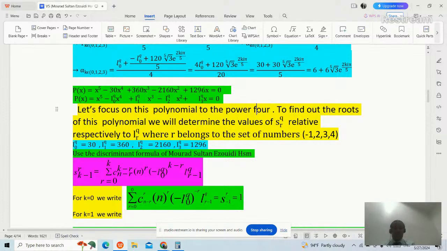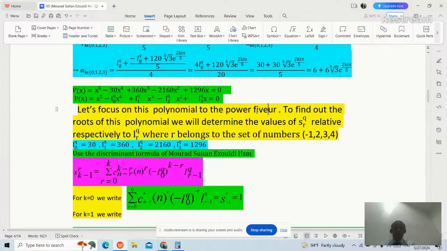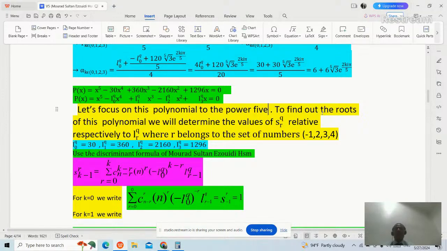To find the roots of this polynomial, we determine the value of S_R relative to L_R of Q, where R belongs to the set of numbers minus 1, 0, 1, and so on, 2, 3 and 4.